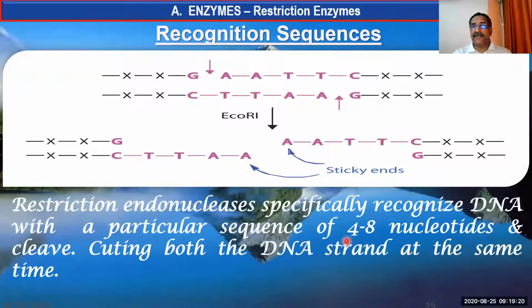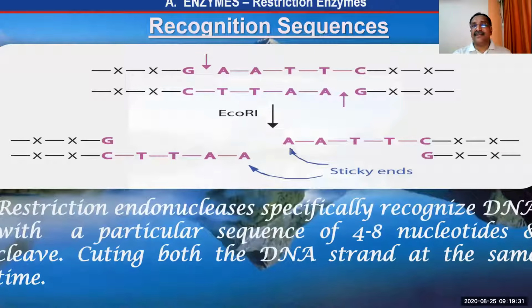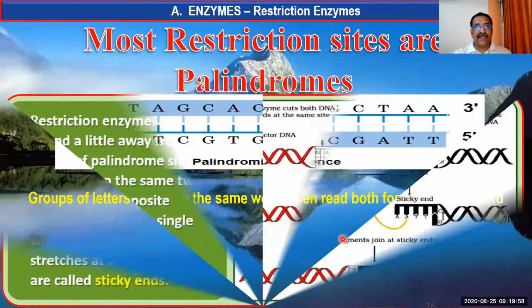If you take the first half, it is a mirror image of the second half, and if you look at the second half, it is the mirror image of the first half. When the nitrogen bases are arranged in such a way, we call this a palindrome. In palindromes, if you read from left to right, or from right to left, or from 5' to 3' direction, or 3' to 5' direction, the word which is formed will be exactly the same. Such terms we call palindromes. A typical example I have also given over there.